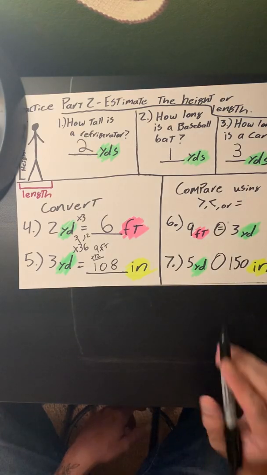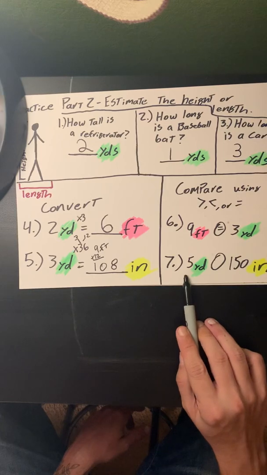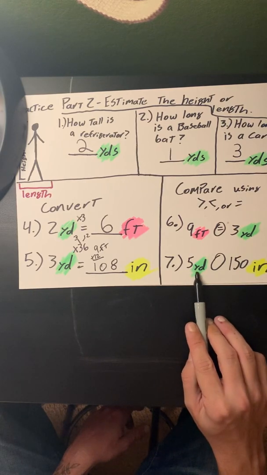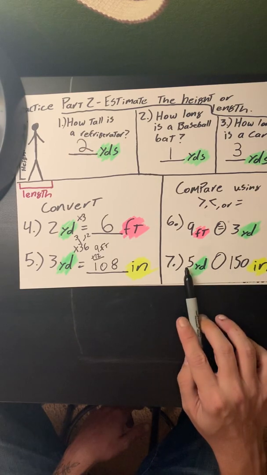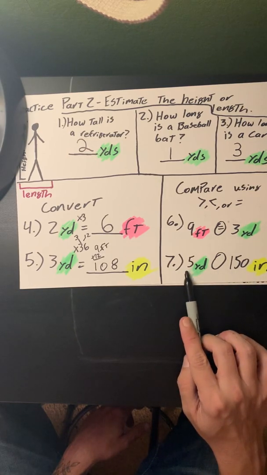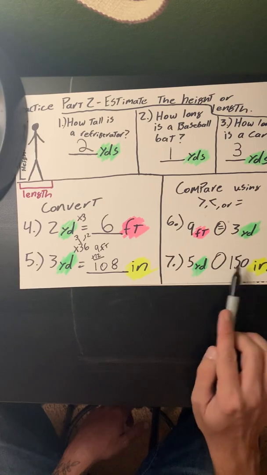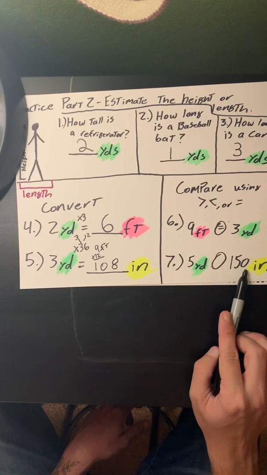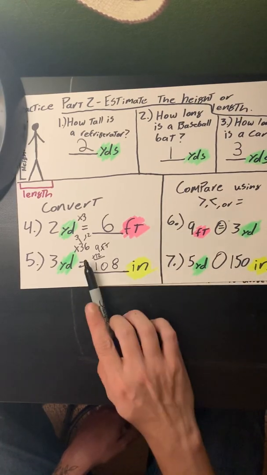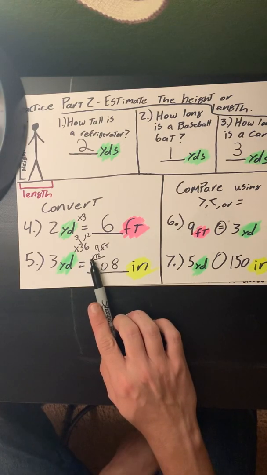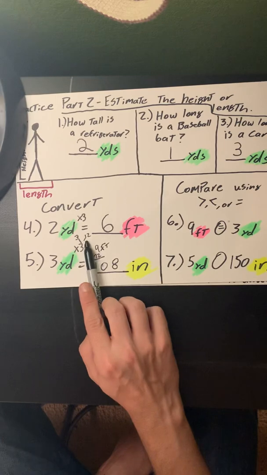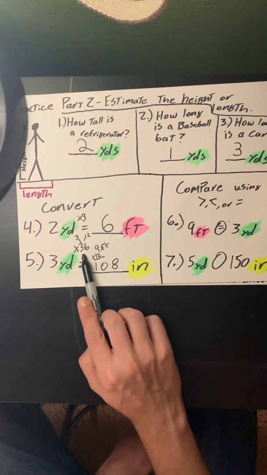Okay? For my next comparison, I want to compare 5 yards with 150 inches. Now, to do this, I can either multiply by 36 or divide by 36. Or, just like I did over here in problem number 5, I remember I have my factor tree of 3 and 12 equals 36.